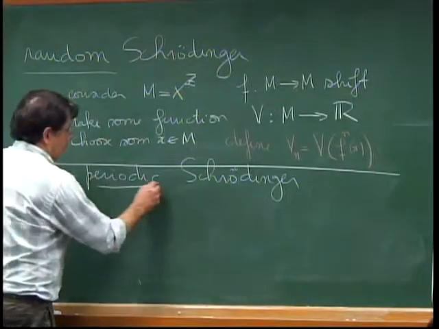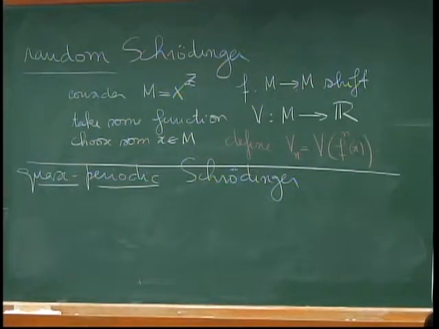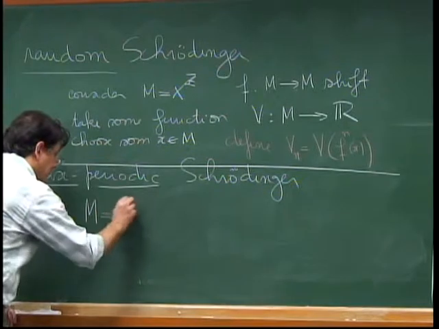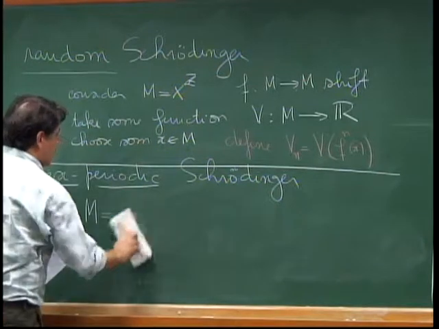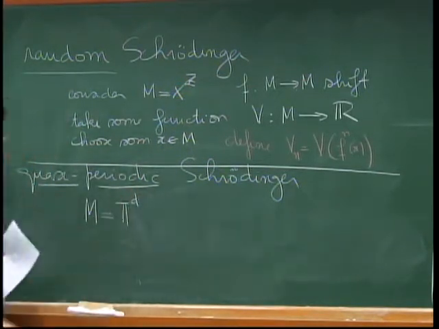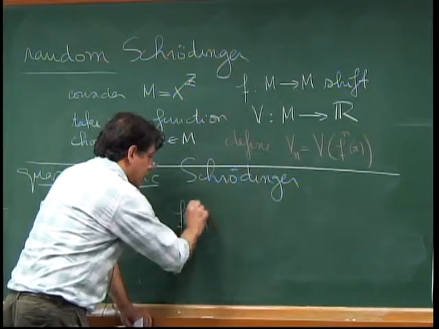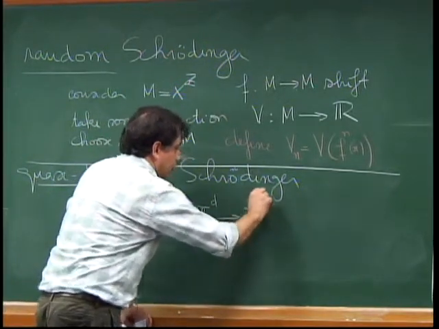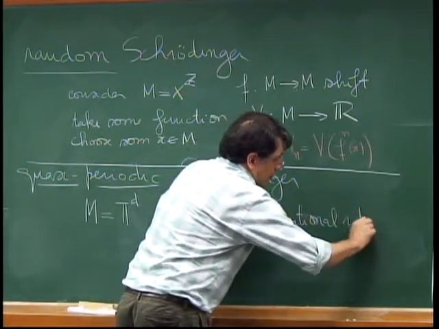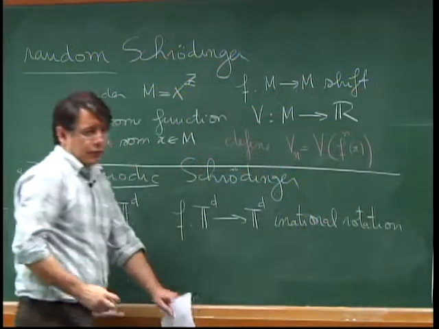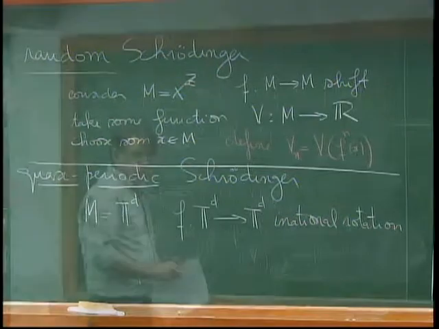Quasi-periodic is perhaps the most famous because it involves a lot of beautiful mathematics, is where you take M to be the circle. In fact, you can do this with, well, here I actually wrote the torus, more general. F from the torus to the torus is an irrational rotation. You can think of the case d equals 1, because in fact 90% of the papers are about the case d equals 1, which is hard enough.